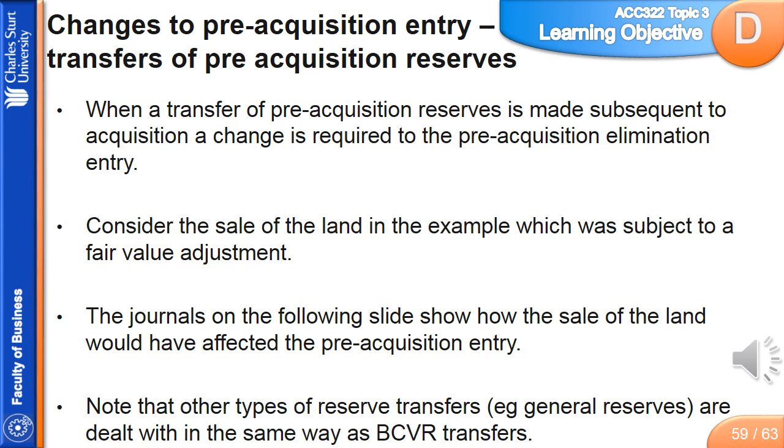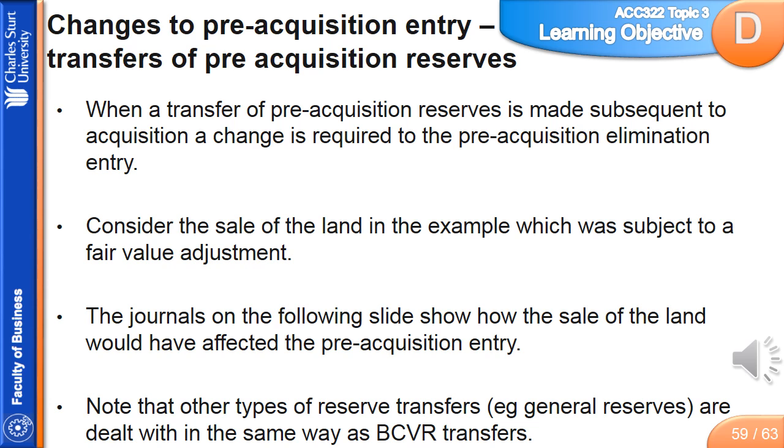There are other types of situations that will cause the pre-acquisition entry to change. So there could be, say, a transfer between pre-acquisition retained earnings and other reserves, or a bonus share dividend paid from pre-acquisition equity.